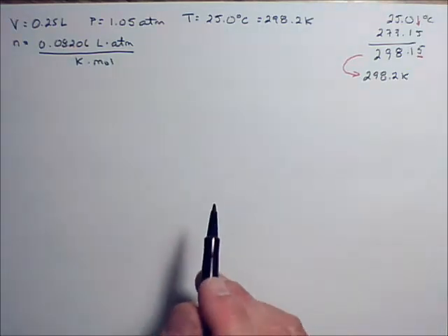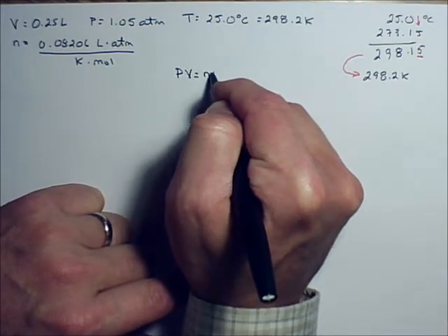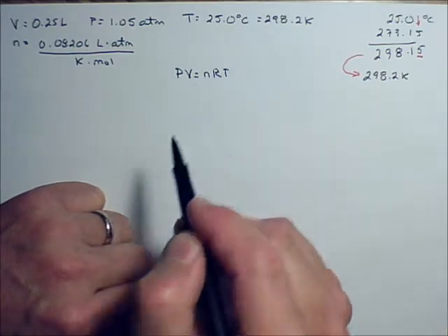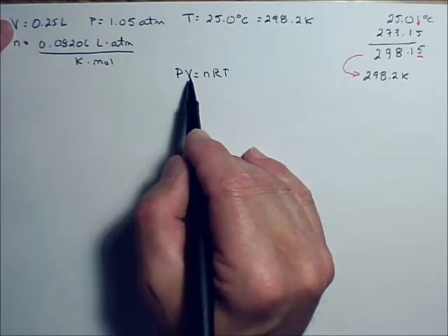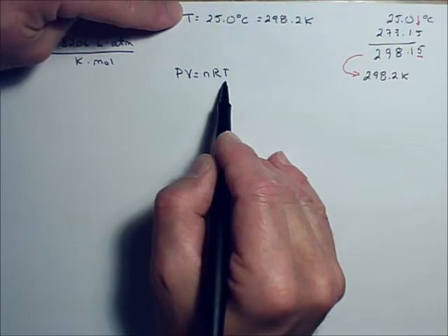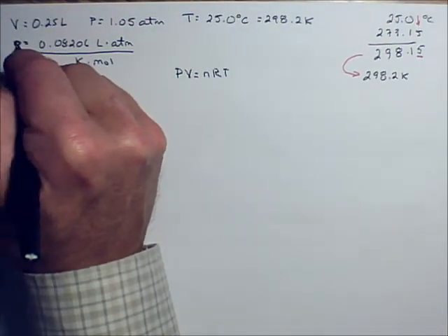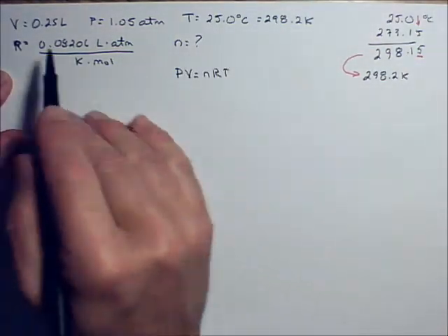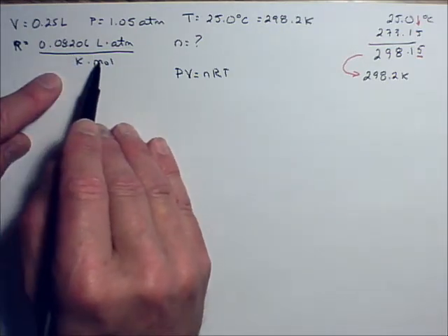The variables are in the law, PV equals nRT. All of these are variables except for R, which is a constant. So you plug V, P, and T into this equation, and not into this constant. N is what we're trying to find.